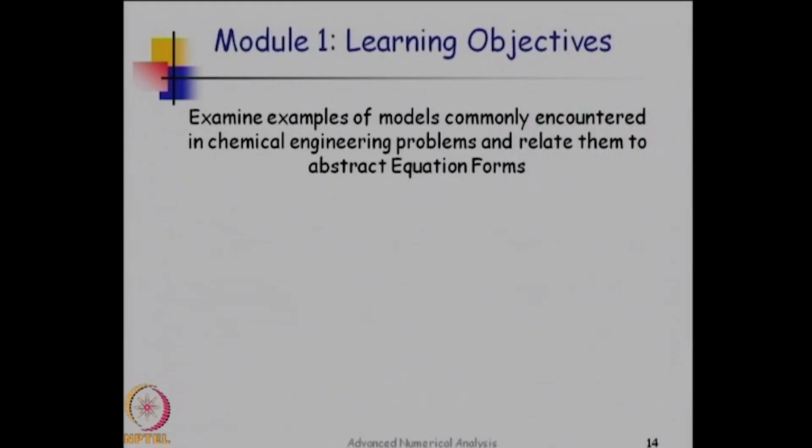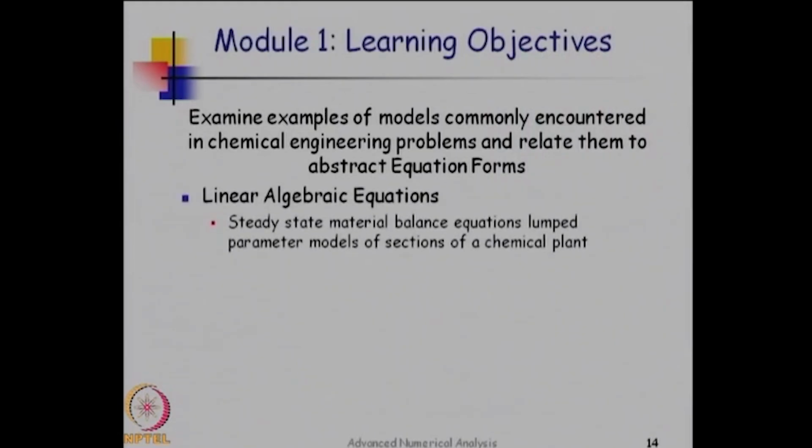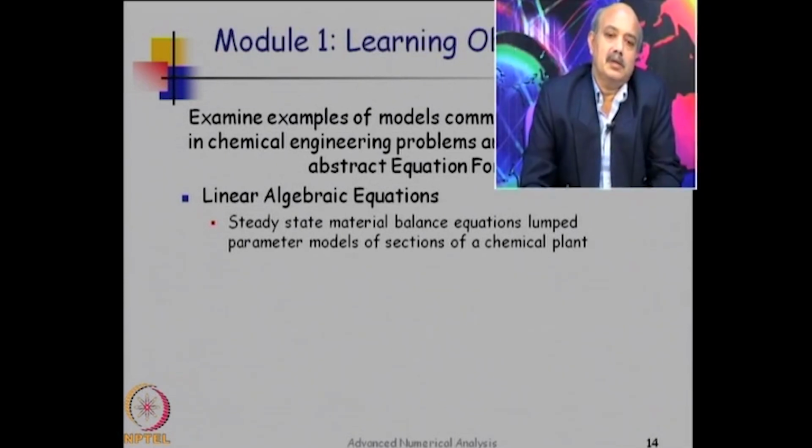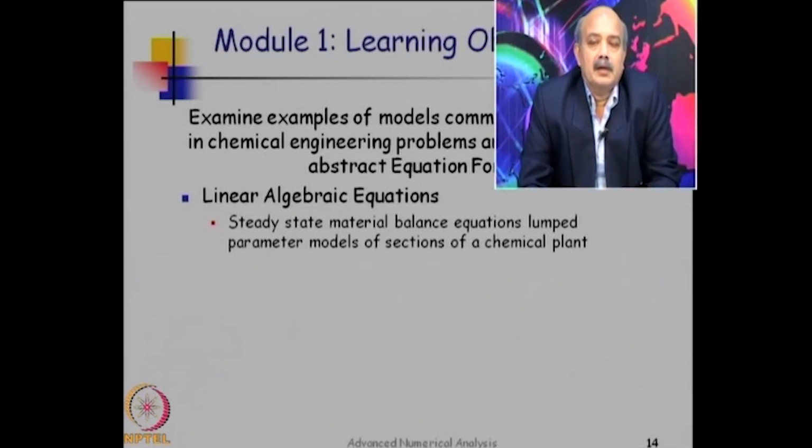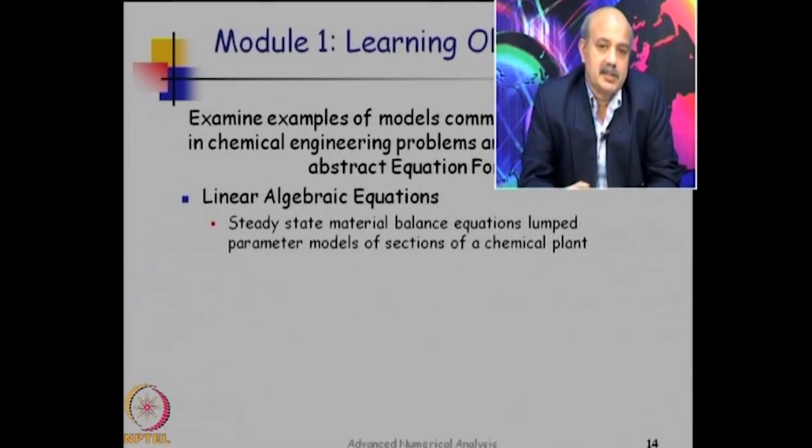If you want commonly encountered examples, take linear algebraic equations. Where do you get linear algebraic equations in chemical engineering systems? Many times we have to solve a steady state material balance for a lumped parameter model for a section of a plant, and this will give rise to a set of linear algebraic equations Ax equal to b.